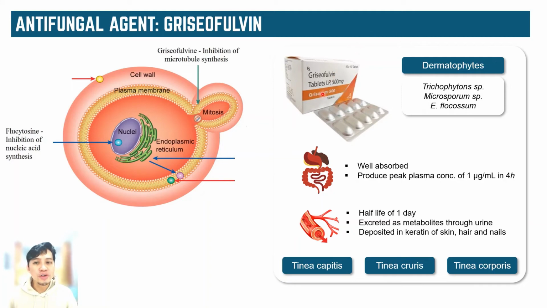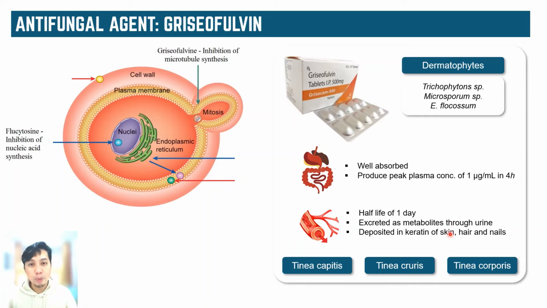So Griseofulvin can be used to treat dermatophyte infection, particularly from Trichophyton species, Microsporum species, as well as Epidermophyton floccosum. It can be used to treat tinea capitis and tinea cruris, because this drug deposits in keratin of skin, hair, as well as nails.